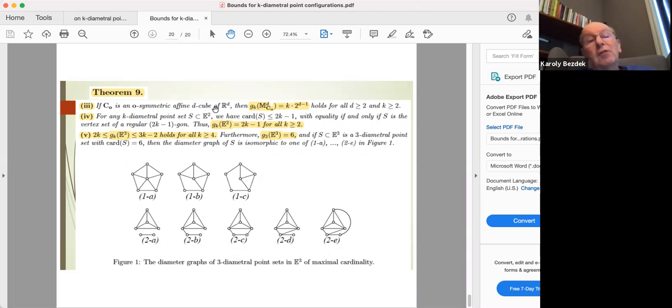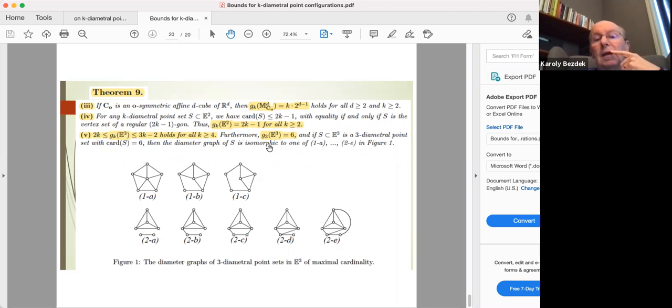But if we change that norm, then the problem becomes quite challenging. Already in the Euclidean case, I know only this, what you see here in this part of this theorem. The largest cardinality of a k-diametral point set in 3-dimensional Euclidean space lies between these two values. Unfortunately, there is a gap here.